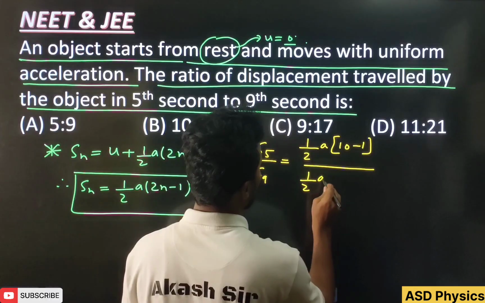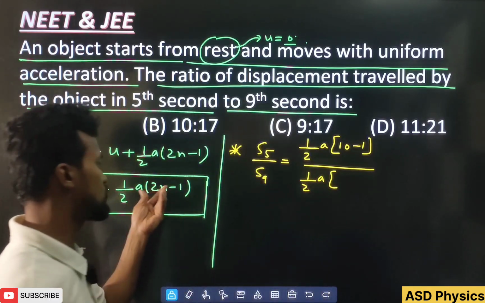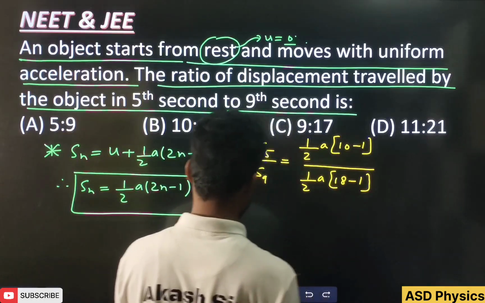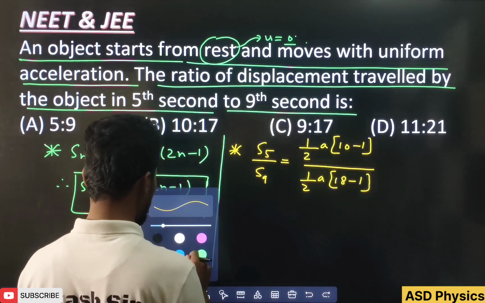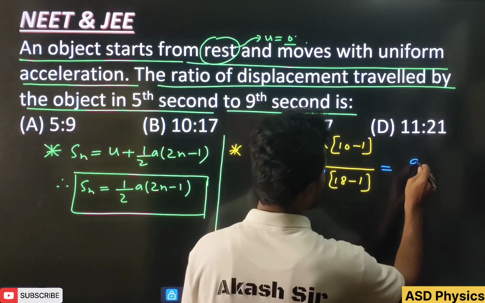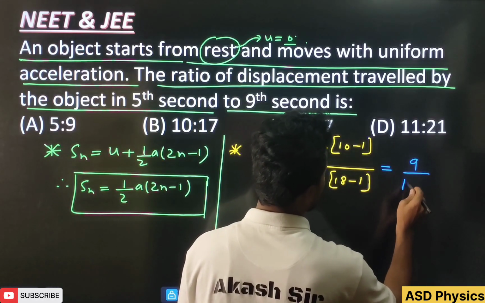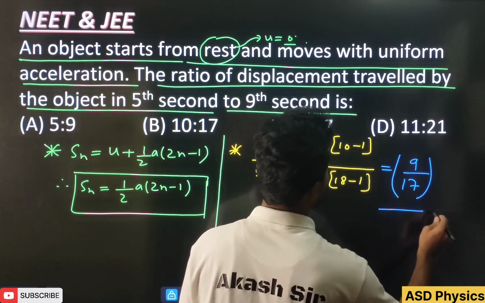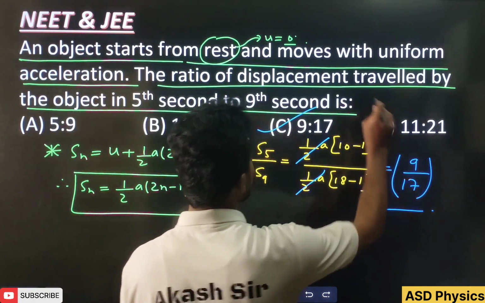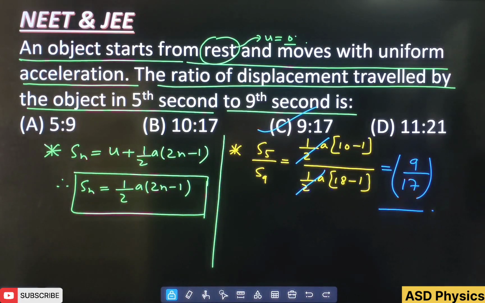Similarly here also half a, and we have to put 9. So 2 into 9 minus 1, that means 18 minus 1. Then what things will cancel? This half a and half a cancel. That means 10 minus 1 means 9 and 18 minus 1 means 17, is it? So the answer is 9 by 17. That means the correct option is C.